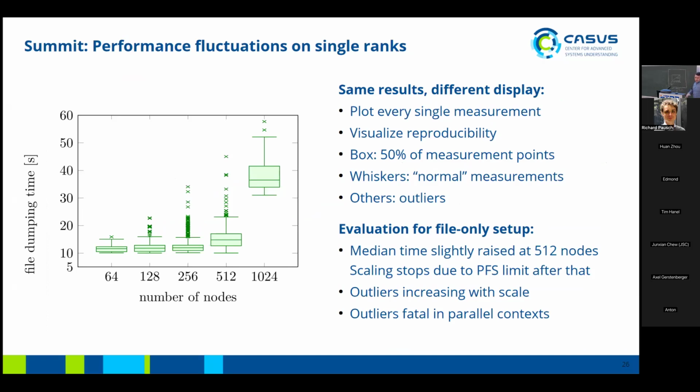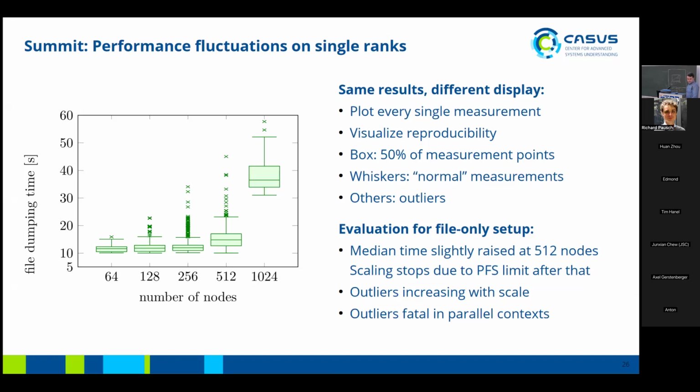This number is somewhat going up. There are more and more outliers as we go higher. And like I said, at 512 nodes, there was the point where we reached the file system capacity. So you see up until then, it still scaled relatively well. And after that, it was over for us.